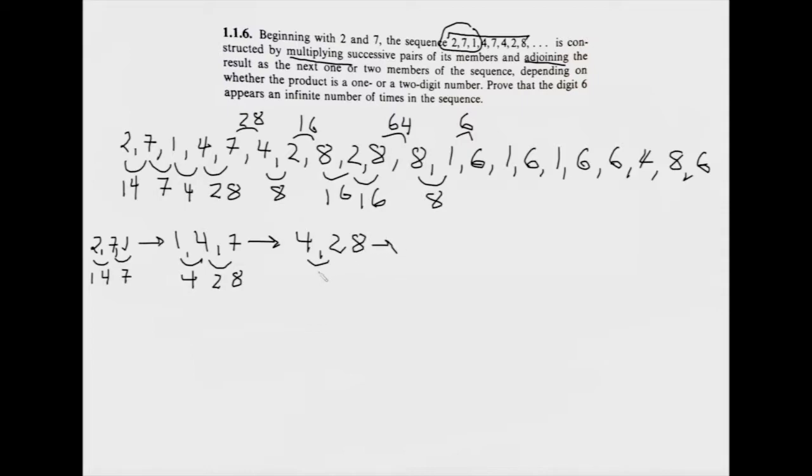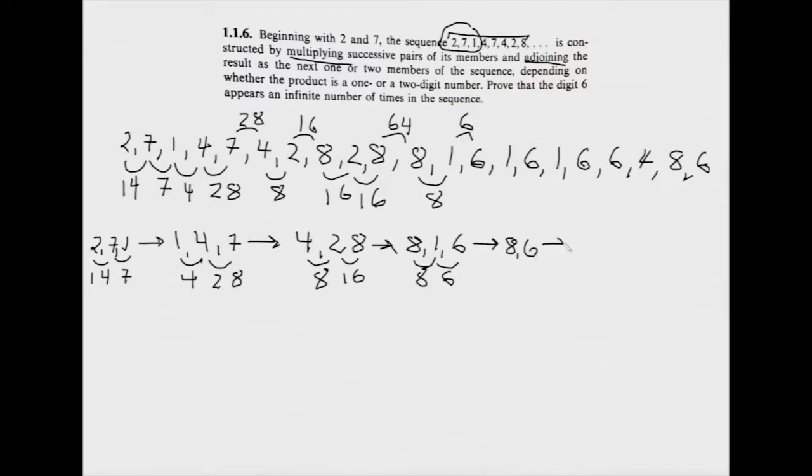Let's see. 4 and 2 is 8. 2 and 8 is 16. So that would be 8, 1, 6. 8 and 1 is 8. 1 and 6 is 6. And what you're going to notice here is that we have a bit of an issue because now we have only 2 digits.